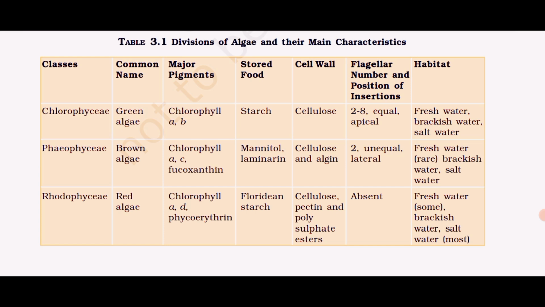Rhodophyceae, common name red algae, major pigments chlorophyll a, d, phycoerythrin, stored food floridean starch, cell wall cellulose, pectin and polysulphate esters, flagellar number and position of insertion absent, habitat freshwater (some), brackish water, salt water (most).